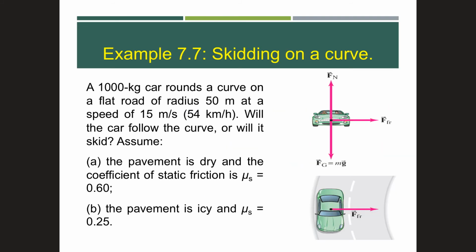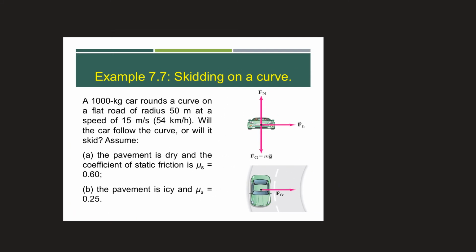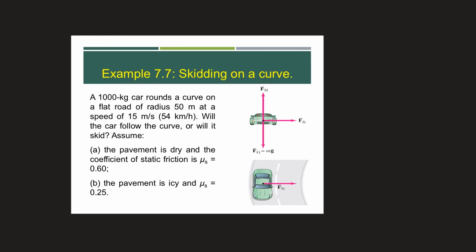For this kind of question, which is in front of you, definitely you need to draw the FBD. The FBD for this one is already drawn for you, but in exam questions, you need to draw it by yourself. The question asks you to find whether the car follows the curve or will it skid.